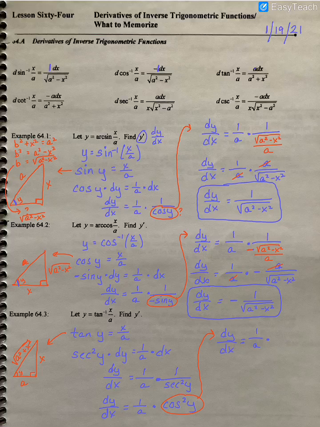So remember, cosine of y, cosine is going to be adjacent over hypotenuse. So a over the square root of a squared plus x squared. Now keep in mind it was cosine squared, so I'm also going to square this fraction.